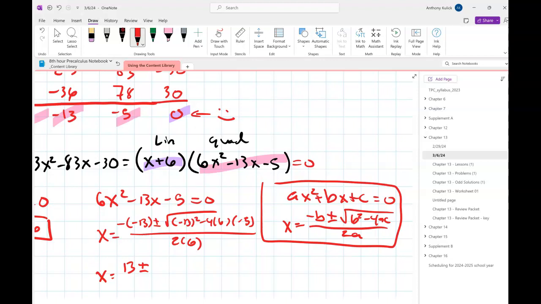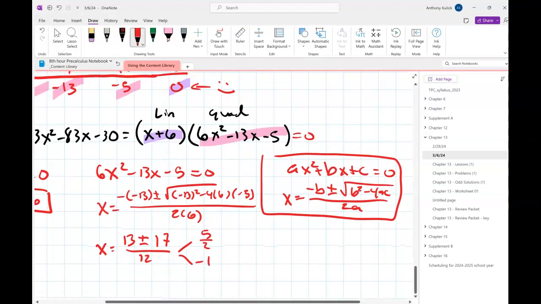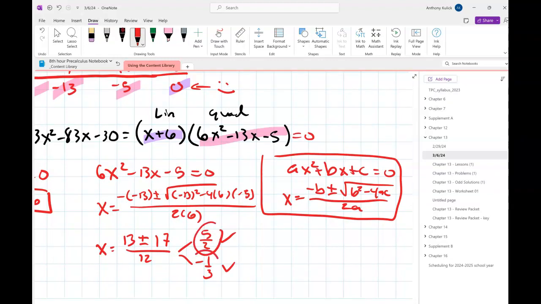Negative 4 times 6 times negative 5 is 120. 169 plus 120 is 289, and the square root of that is 17. 13 plus 17 is 30. 30 over 12 is 5 over 2. 13 minus 17 is negative 4. Negative 4 over 12 is negative 1/3. There we go. And there are our 3 answers.